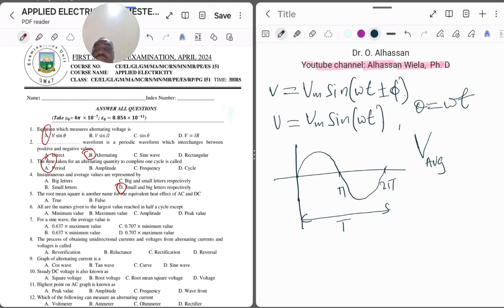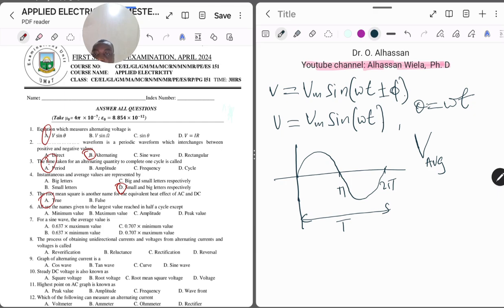So we are looking at the values or parameters that will dissipate the same amount of power, the same amount of AC power as relative to a DC power. So the correct answer here is going to be true, right? It is the same name for the equivalent heat, so it's A.